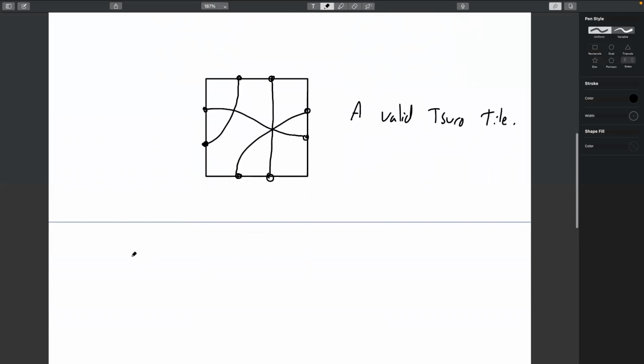So the interesting combinatorics problem here, combinatorics just means counting, is how many tiles are there?